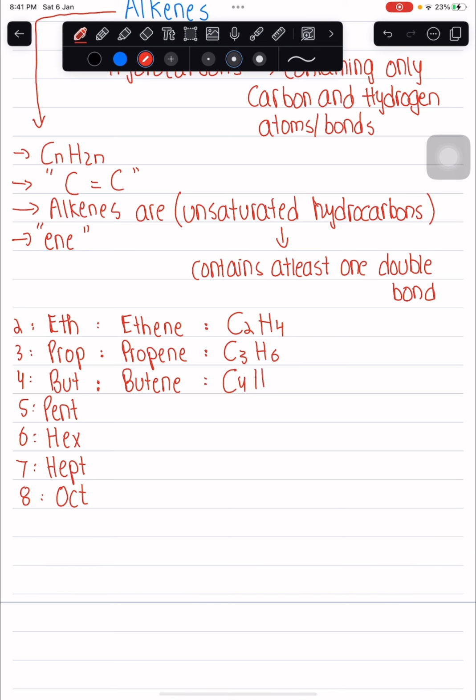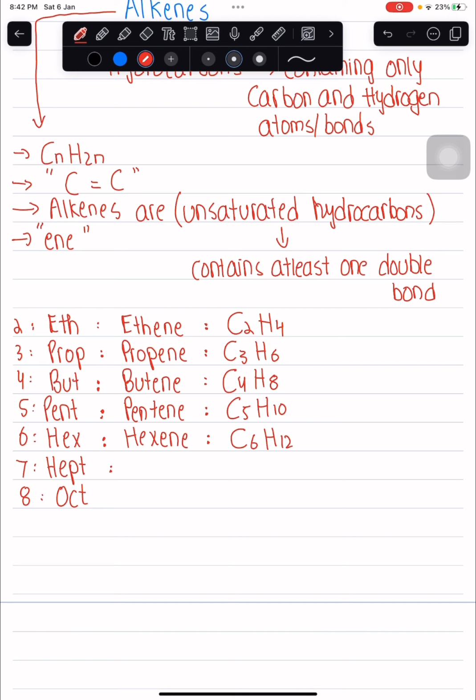C4H8. Then pent, so it will become pentene. So pentene is going to be C5H10. The hydrogens are just twice of the carbon. Hexene, and the molecular formula for hexene is C6H12.